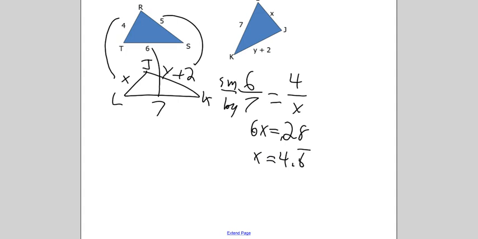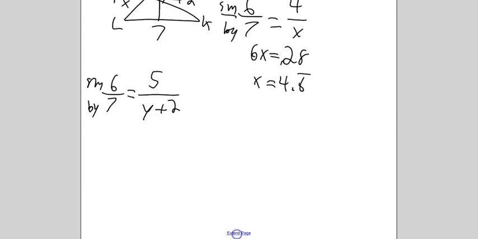Now I'm going to do it again. 6/7, small, big. Now my y plus 2 is on my big, and that corresponds to 5. So now I'm going to do the math. Remember to put this in parentheses. So 6(y plus 2), very important, 6y plus 12 equals 5 times 7.